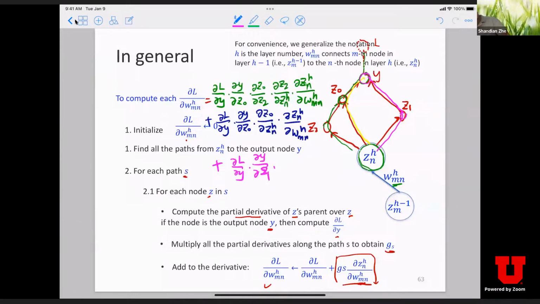Then we'll go back to ZNH, compute partial Z1 over partial ZNH. Then we'll multiply partial ZNH over partial WNH. And we now finish processing all the passes. We just add them together, we get our final partial derivative with respect to WNH. Is it clear?